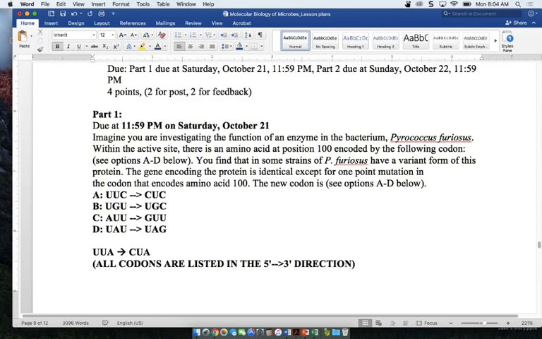And then leucine looks roughly like this. Similar, different? If different, how different from one another? What would you say?